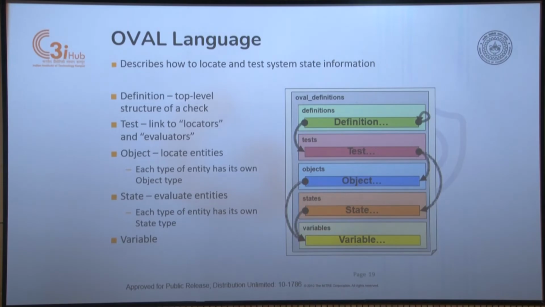OVAL is the Open Vulnerability Assessment Language. So, if you want to know that your system has certain vulnerabilities, how do you know? You can have vulnerabilities from two conditions, right.